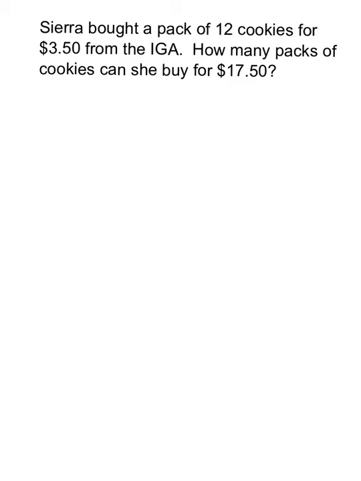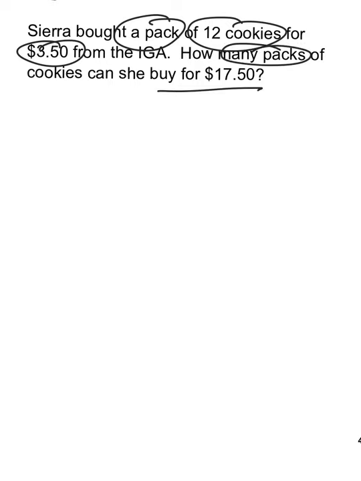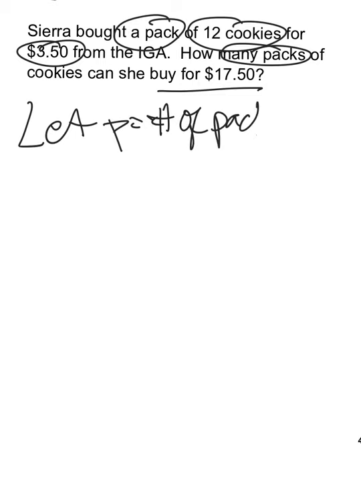All right, so let's see here. She bought one pack with 12 cookies for $3.50. How many packs did she buy for $17.50? So my variable is how many packs of cookies she bought. So let P equal number of packs of cookies.